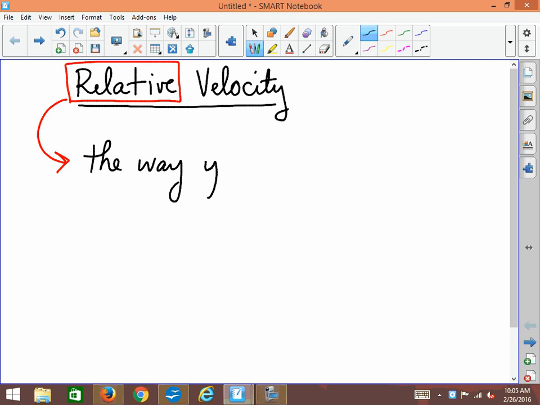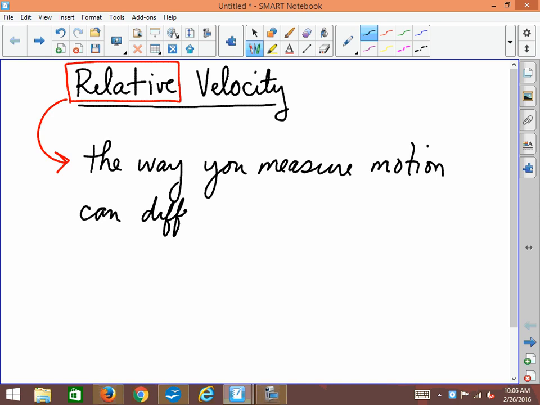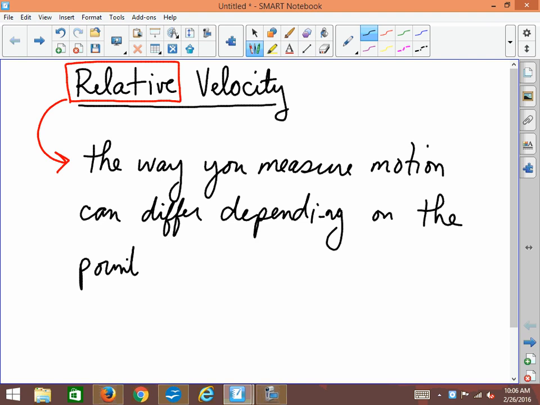The way that you measure motion can differ, and I'm going to say depending on the point of view you observe it from, or you measure it from.